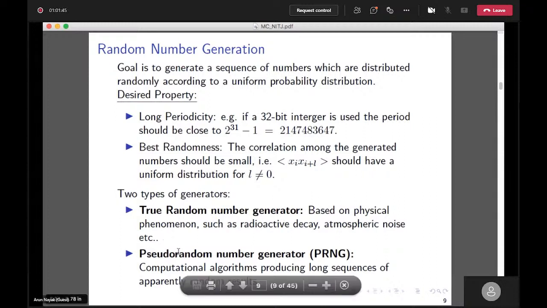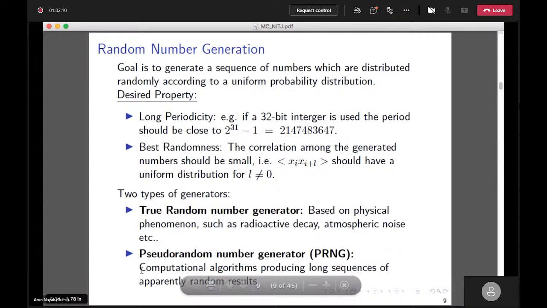Then there are pseudo-random number generators, which are basically computational algorithms that can produce long sequences of apparently random results. But mostly we'll concentrate on pseudo-random number generators, because they also allow you to reproduce your results.